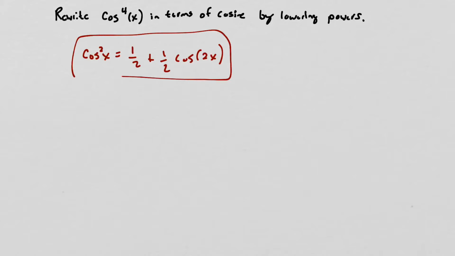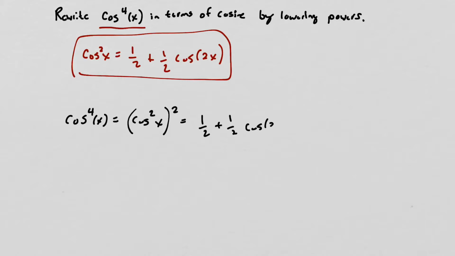We'll be using this identity to simplify this expression here, rewriting our cosine to the 4th x as cosine squared x raised to the 2nd. This is going to be equal to 1/2 plus 1/2 cosine of 2x, and this is all squared.